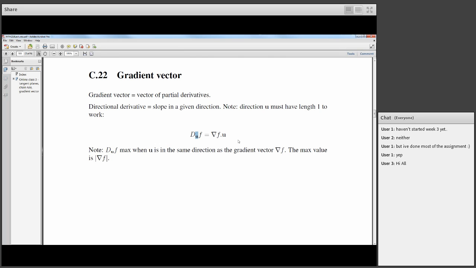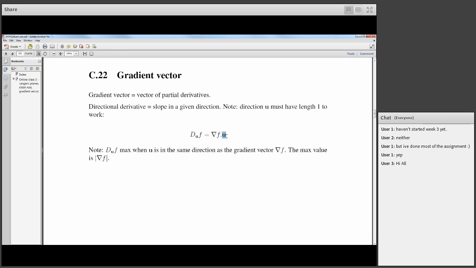What's so useful about this directional derivative is that it gives the slope in any direction. By a bit of thought, you can work out that this is going to be maximum when the dot product is maximum, which arises when u is parallel to the gradient vector. So one way of understanding the gradient vector is that it's the direction of steepest ascent all the time, and the maximum value of the slope is the length of this gradient vector.